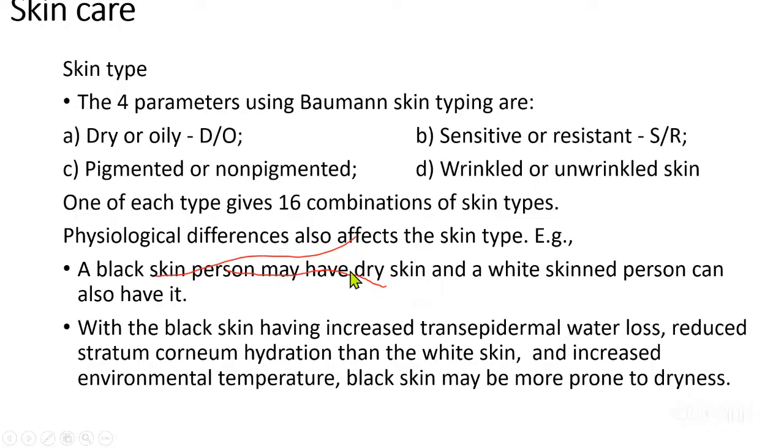So we should also note that physiological differences occur in skin type. A black skin person usually has increased transepidermal water loss, with reduction in stratum corneum hydration, and also increased environmental temperature. So dark skin people are more prone to skin dryness.